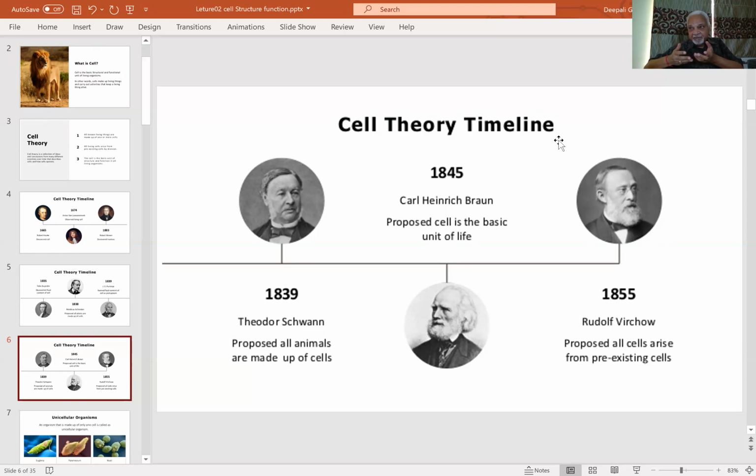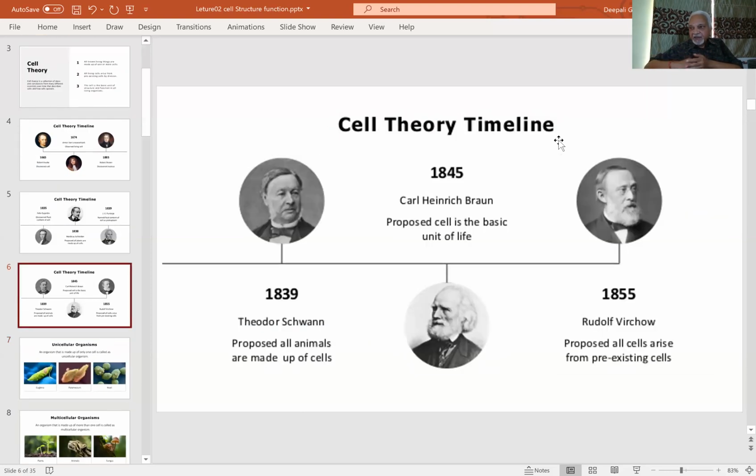About 6 years later, Brown proposed that the cell is the basic unit of life, and it was Virchow who said that cells arise from a pre-existing cell. So that is the timeline.